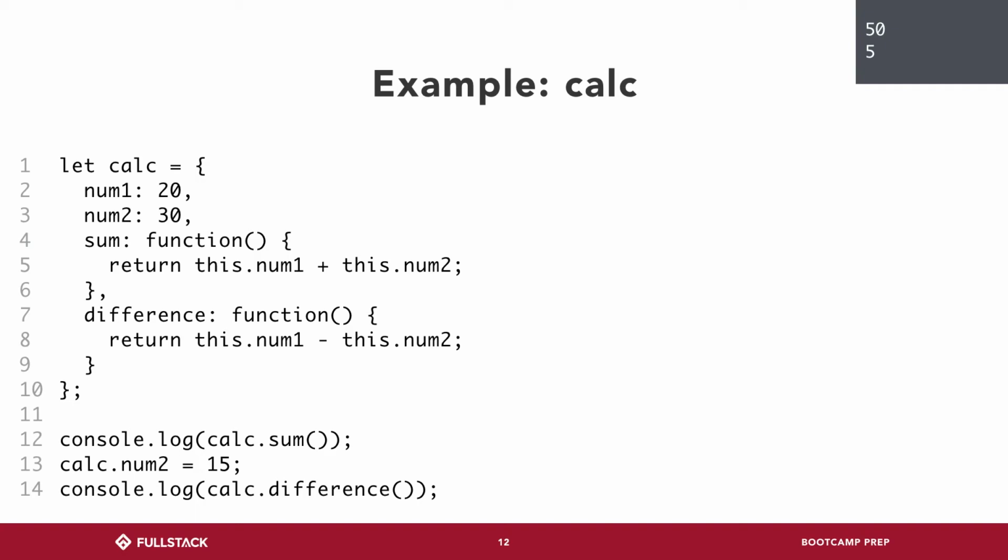It's created at the time that we're creating the rest of calc, but the fact that we're using this in the logic inside both of our methods means that any changes to the values of the object are going to be written through to the methods of that object. It is always current to the object, because it is part of the object.